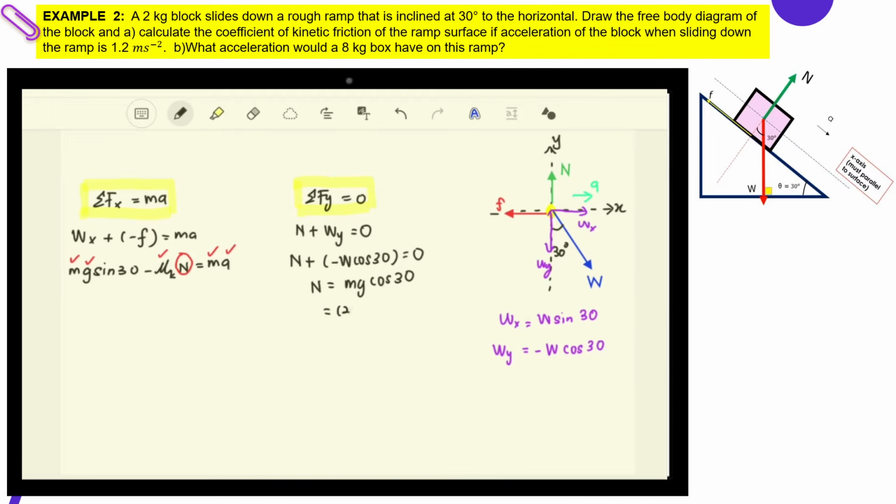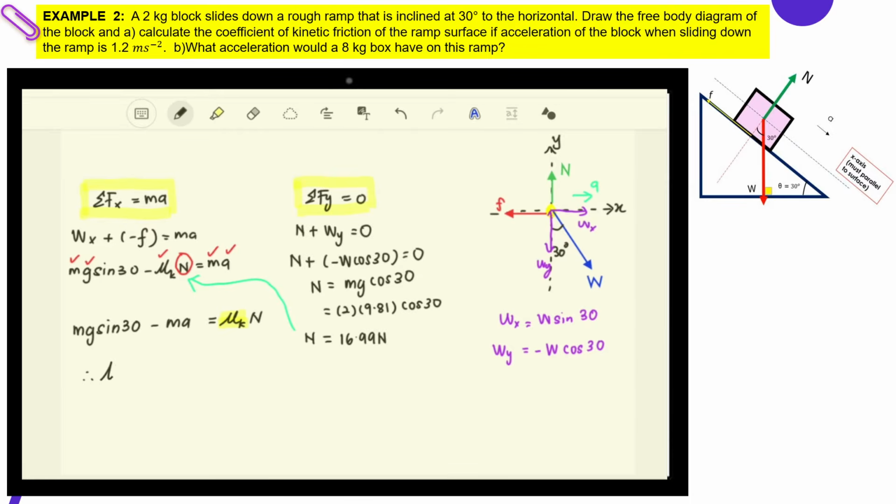So mass is 2 kg, 9.81 cos 30 degree. So it's equal to 16.99 Newton. Now I substitute the normal force from the y components into this equation. We want to calculate the coefficient of kinetic friction mu k, so I rearrange the equation first. So mg sin 30 minus ma is equal to mu k N. Our objective is to find mu k.